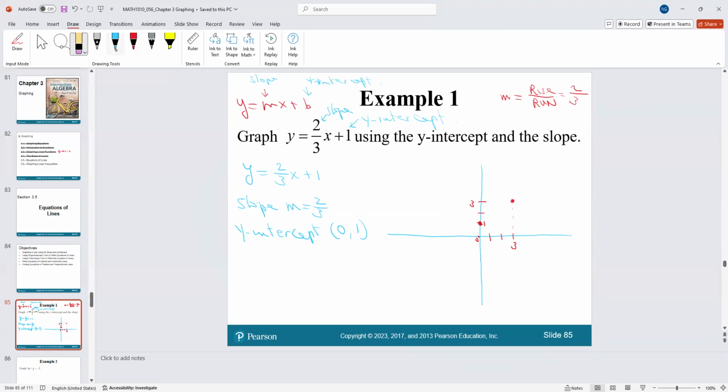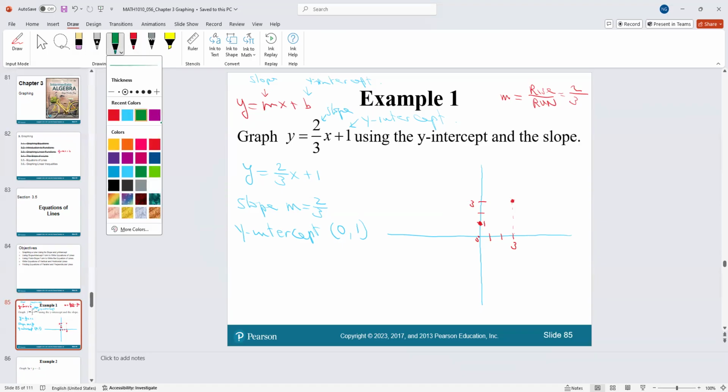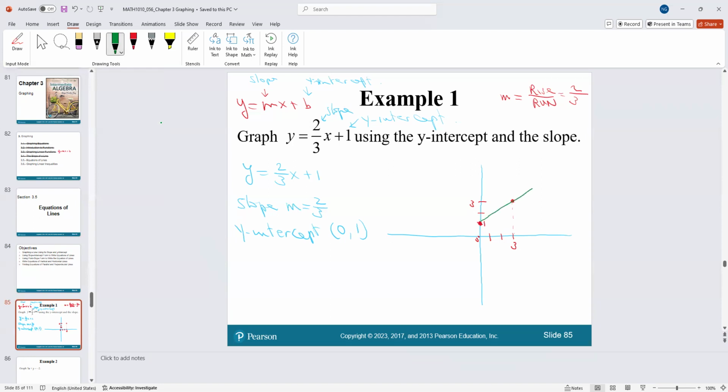Now, with 2 points, it's getting easy to graph. Remember, you only need 2 points to graph. We have the graph of the line going through these 2 points. So this is our graph.